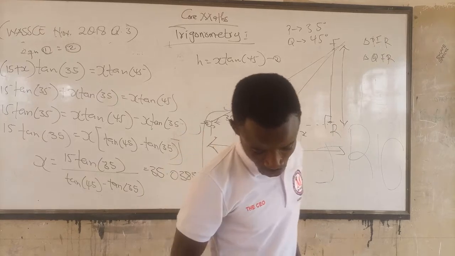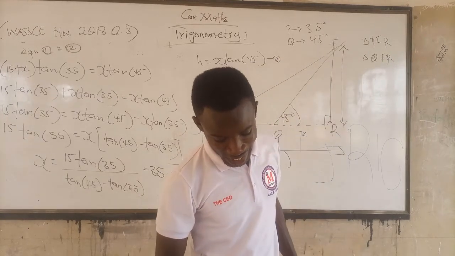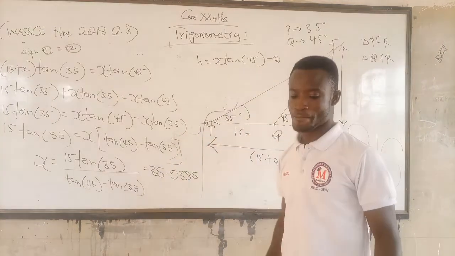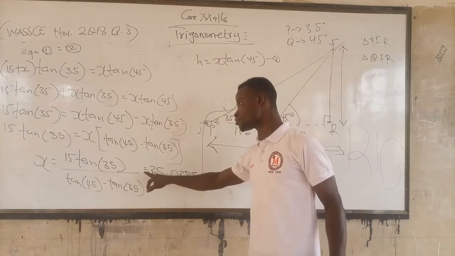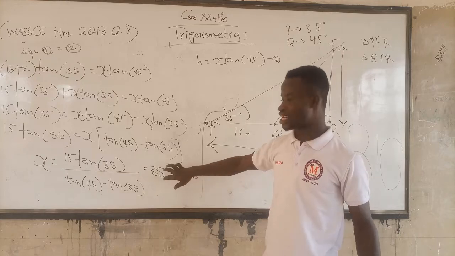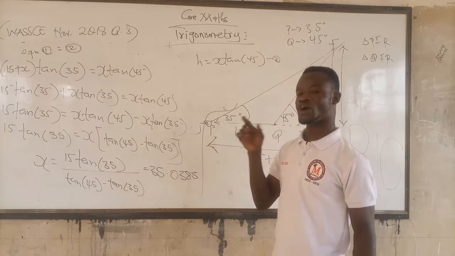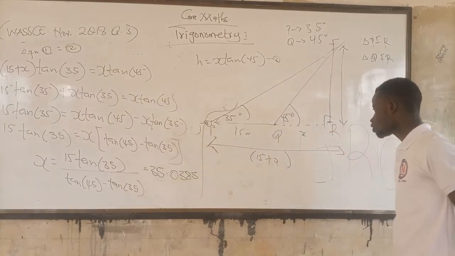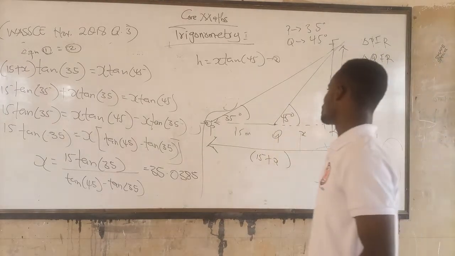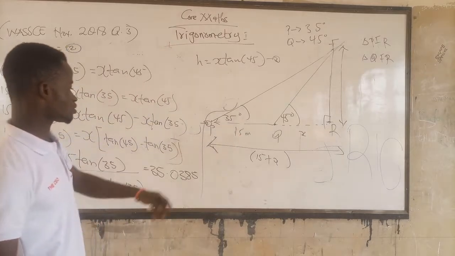We have to calculate to the nearest meter the height of the tower. Since you have to calculate to the nearest meter, be careful to approximate this to a whole number. Let's use the whole of this. So it's always advisable you work in 4 decimal places.